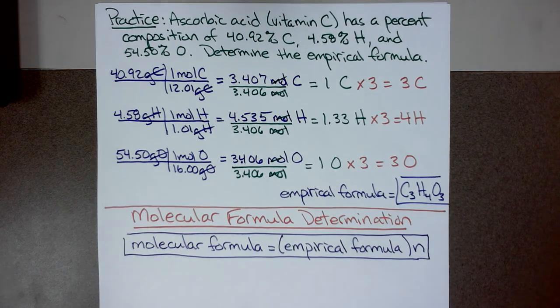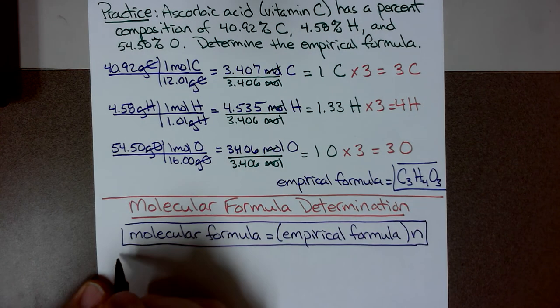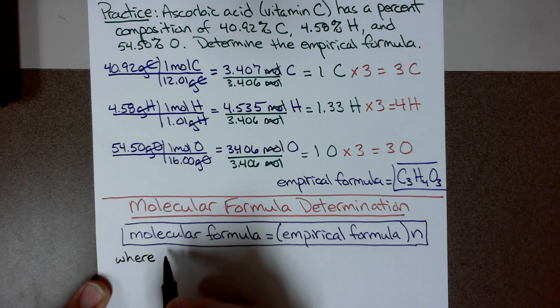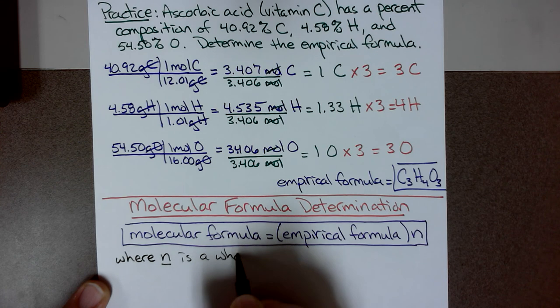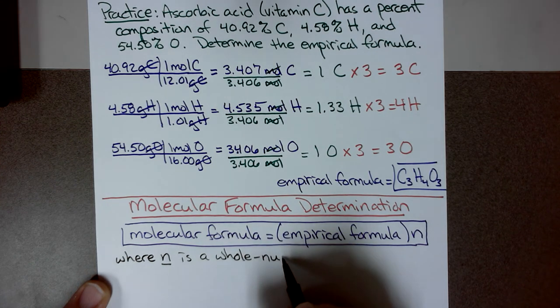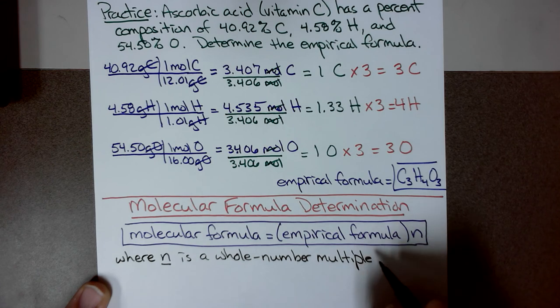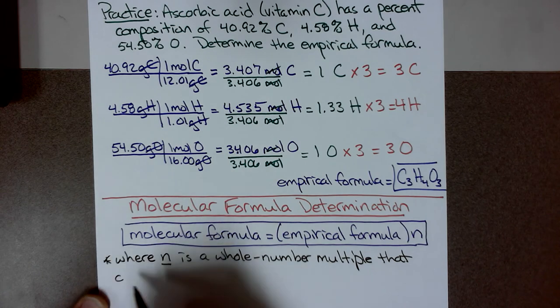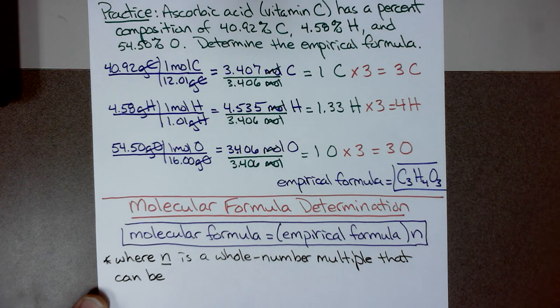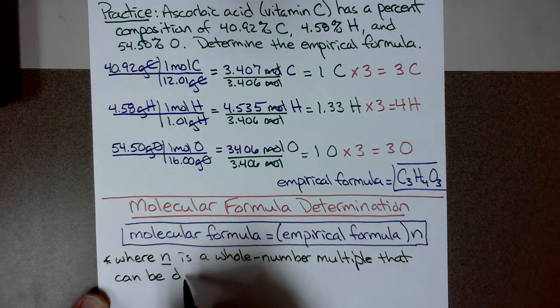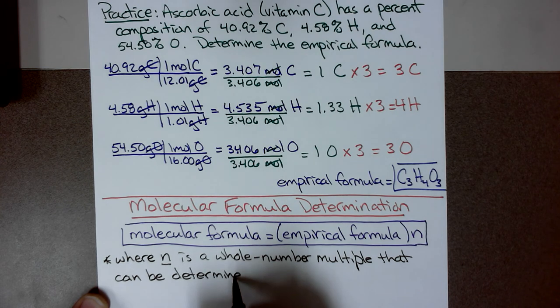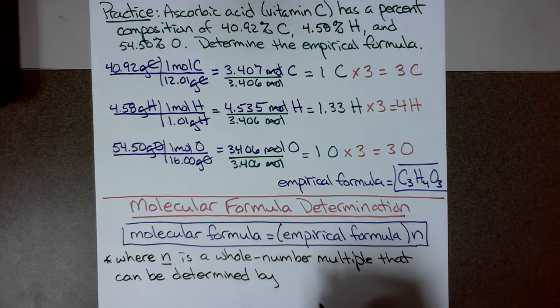And where n, this value n over here, is a whole number multiple that can be determined by the following formula, where n is equal to MFM over EFM.